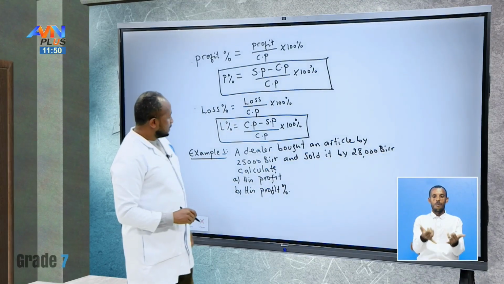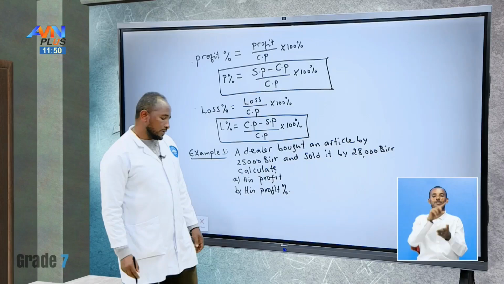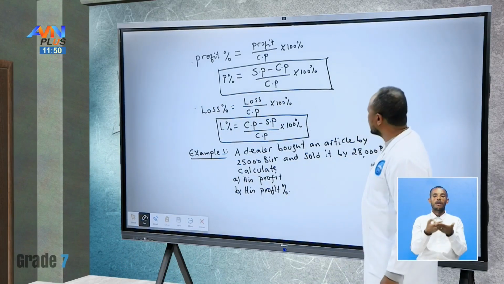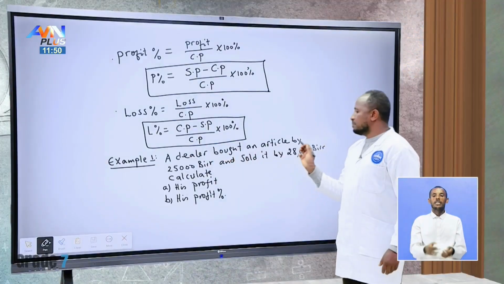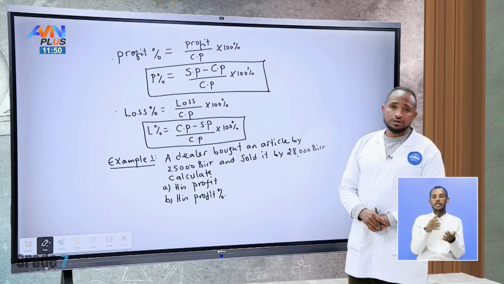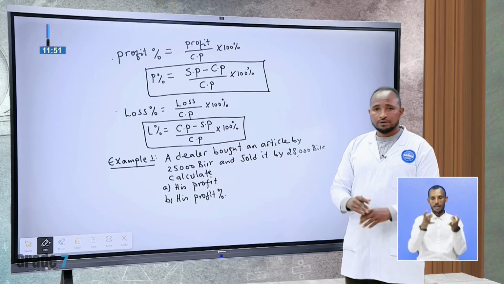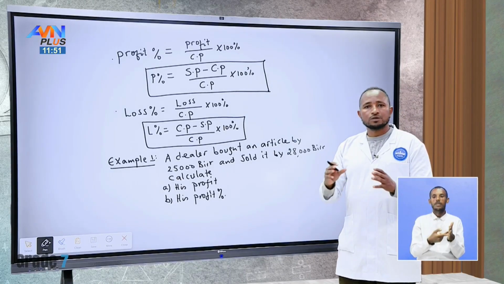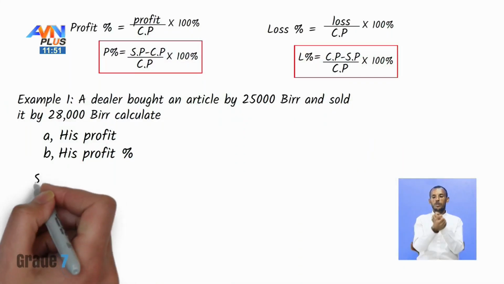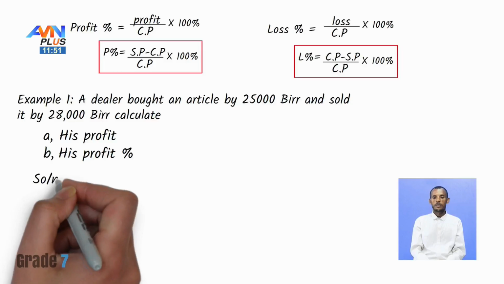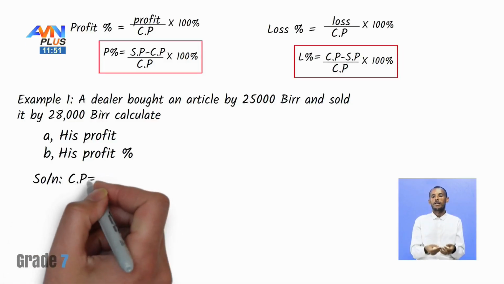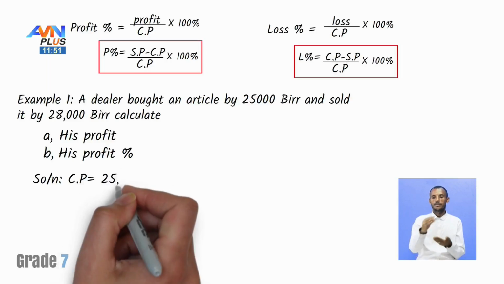Now, let's try this question together. Here, the dealer bought an article for 25,000 birr. It is the price at which an article is bought. Therefore, it is the original cost, or cost price. Solution: the cost price is given. The cost price is 25,000.